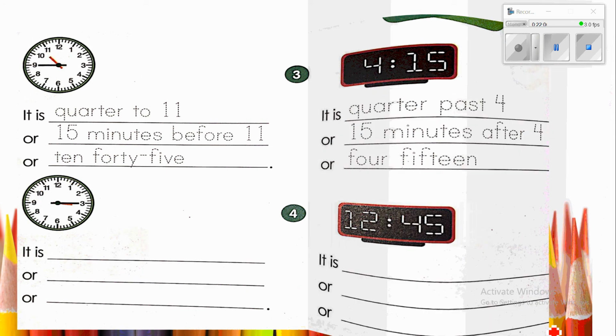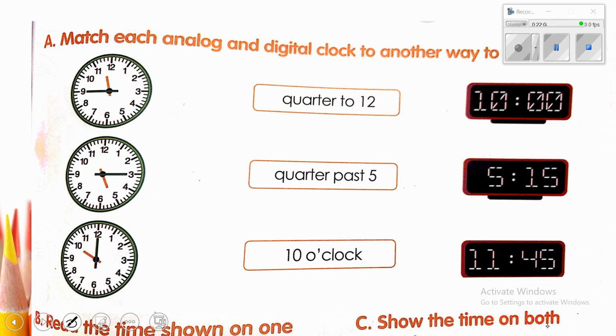Let's see the next one. Now, match each analog and digital clock to another way of telling time. So we want to find quarter to. Remember, quarter to is on 9 or on 3. 9 is a quarter to. So the minute should be quarter to and the hour should be nearest to 12.